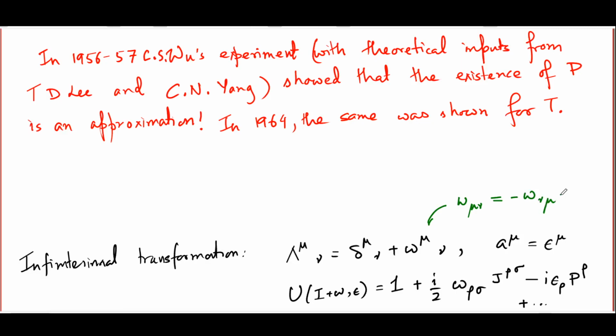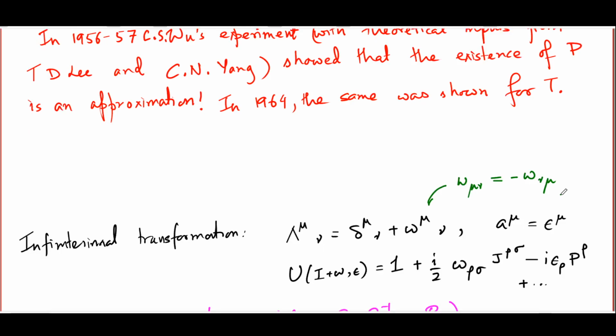And we had also argued before that under such a Poincaré transformation, the corresponding operator U acting on the Hilbert space, U(1+ω, ε), will be very, very close to the identity operator, and you can expand this out in the parameters ω and ε, which are infinitesimally small, and to first order in ω and ε, you will get identity plus i/2 ω_ρσ J^ρσ minus i ε_ρ P^ρ, where J^ρσ and P^ρ are the generators of Lorentz transformations and translations respectively.